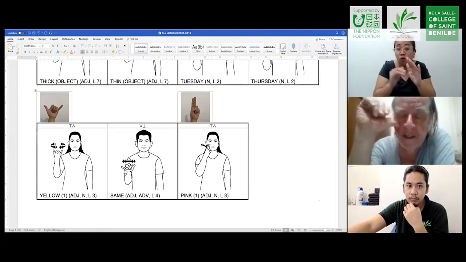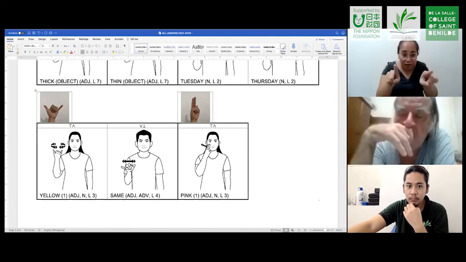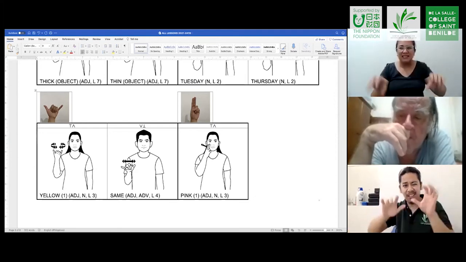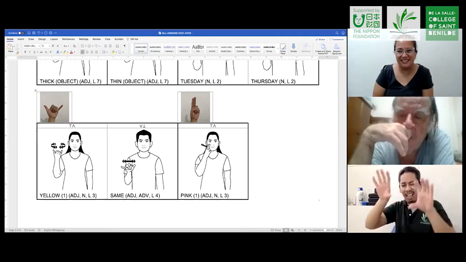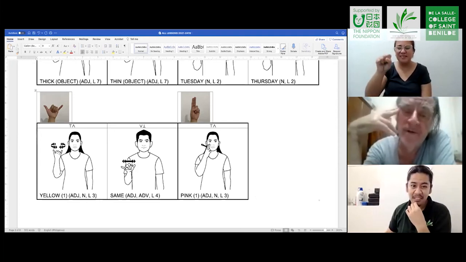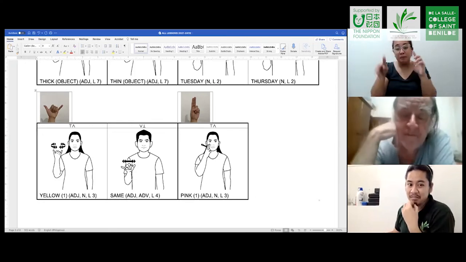I think the hand shapes should be separated. If you have a different hand shape, then make a new entry. But I'm just thinking it might be a waste of space. I don't like seeing that. Yeah, but I think it's going to be very confusing. You want people to be able to use the dictionary.